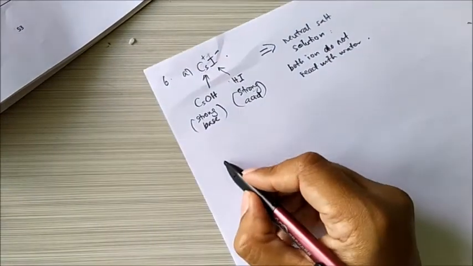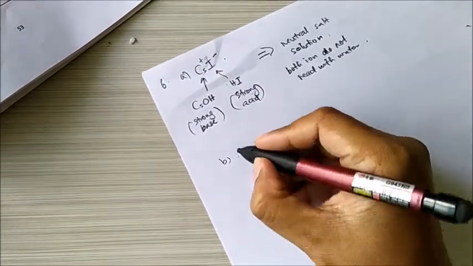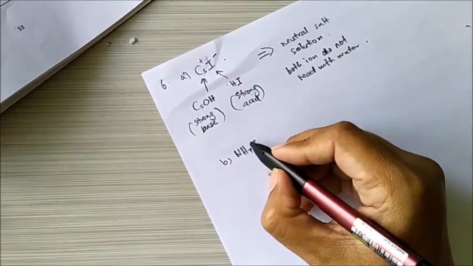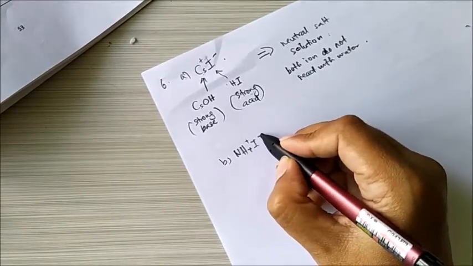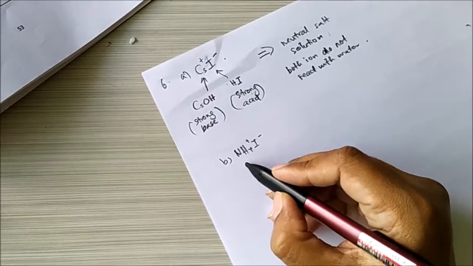Okay, that is A. And B, ammonium iodide, NH4I. So that means this is ammonium ion and iodide ion.